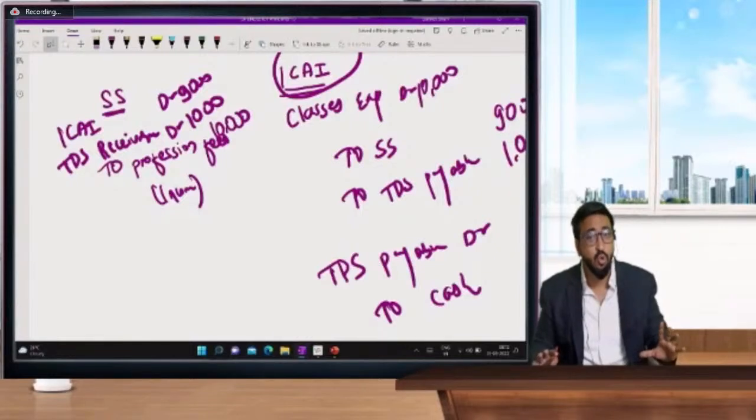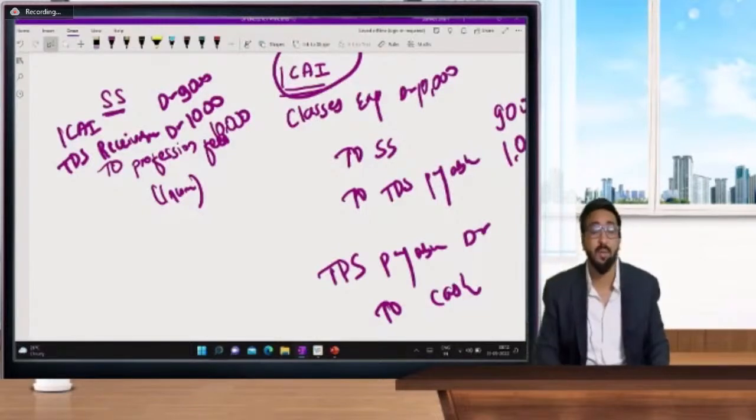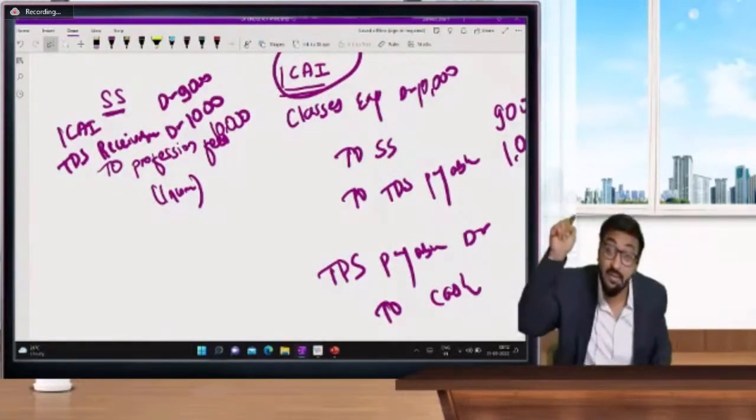Why? Because you don't want to understand this provision. See, whenever you are learning this concept in income tax, try to understand as your income tax department.